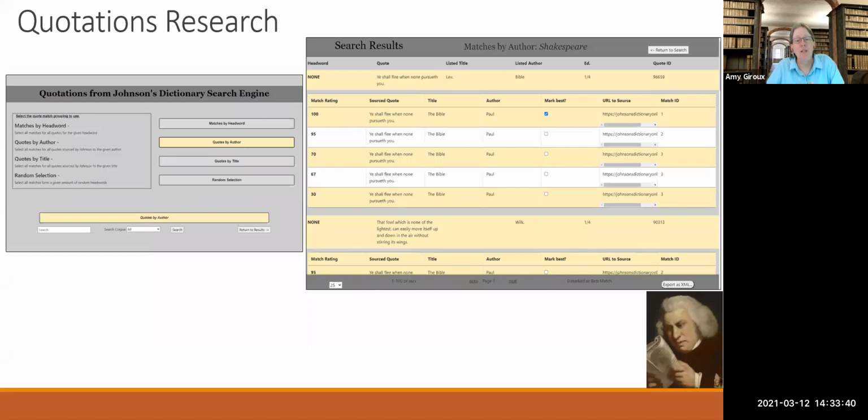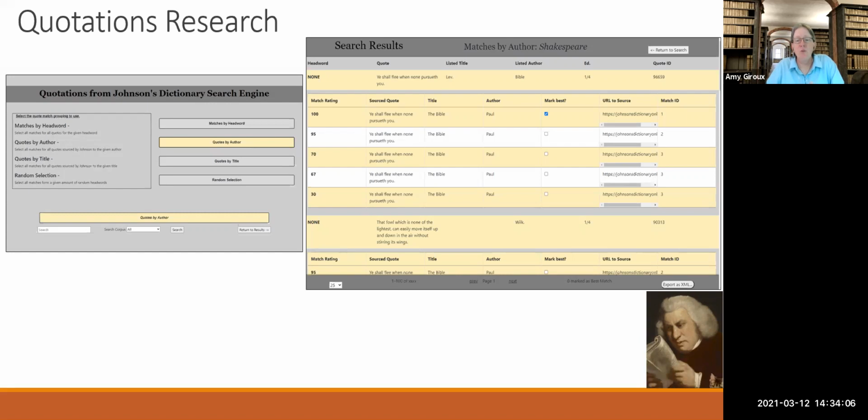And they've created this interface where a user can search within the potential quotes, either by headword or author or the title of the work. And then they step through the quotes to see which the algorithm had selected as the highest probability of being the correct one. But it also allows the user to say, no, that wasn't really it. This is the correct one. So they can check that if necessary.